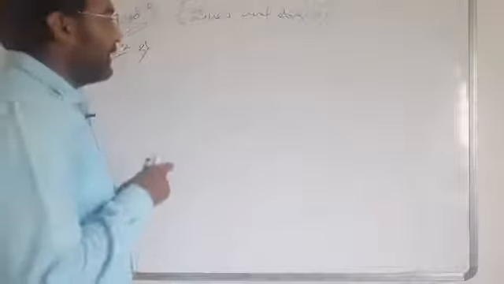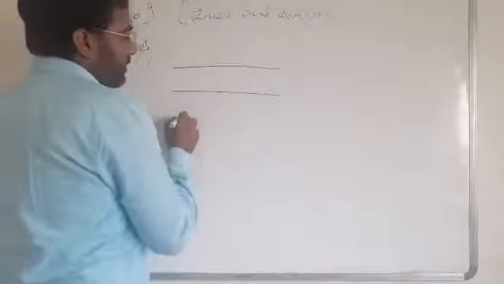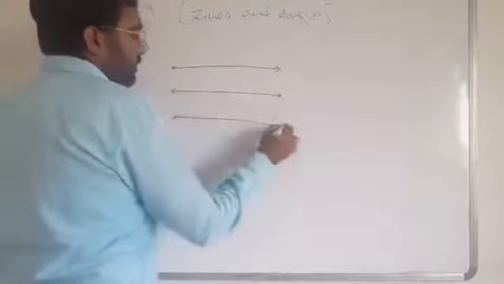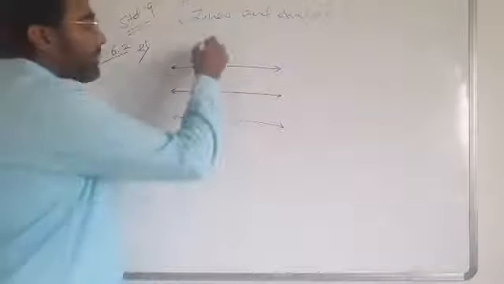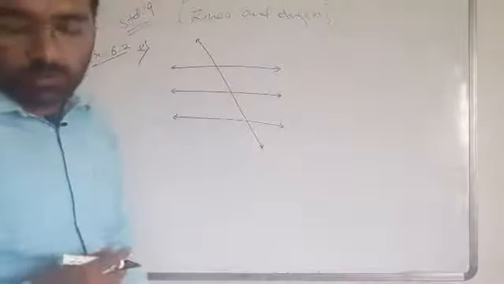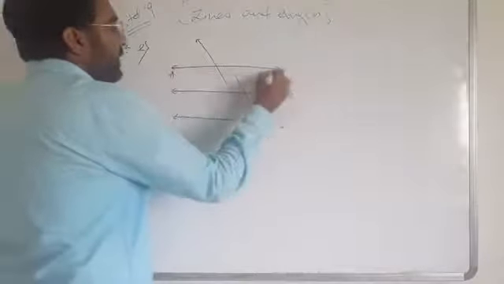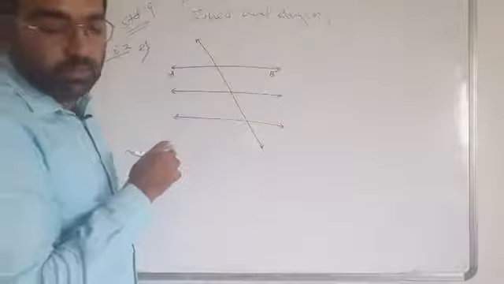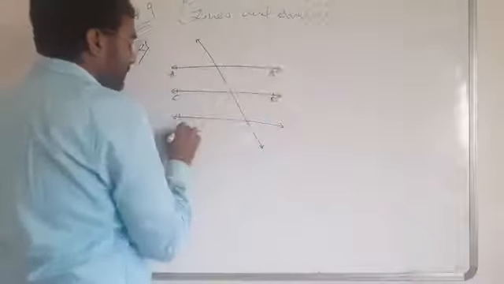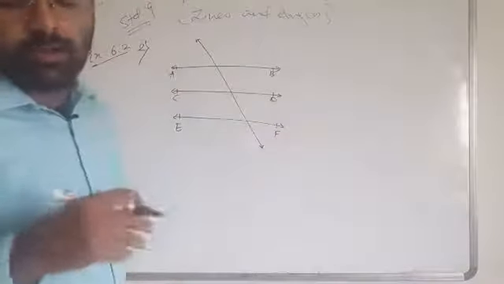Three parallel lines are given, and one transversal is given in the figure. Here the three parallel lines are AB, the second one CD, and the third one EF.